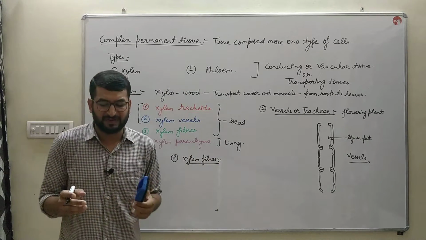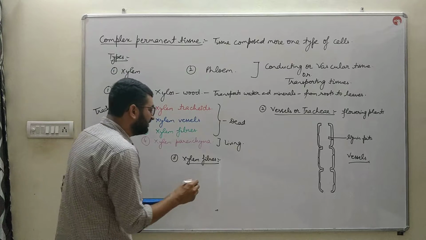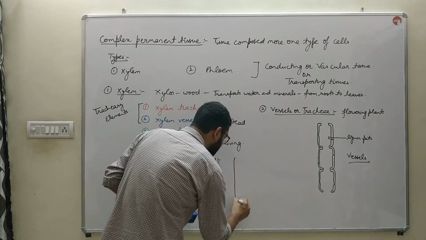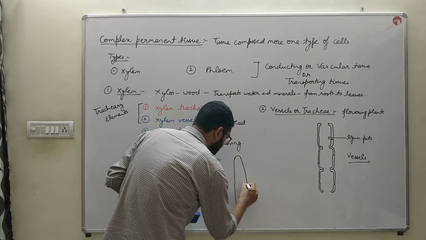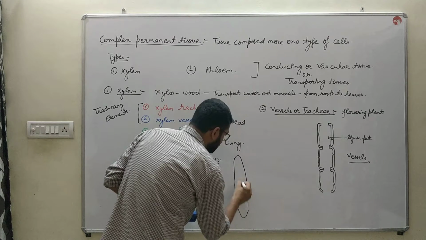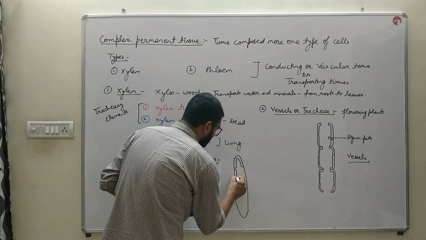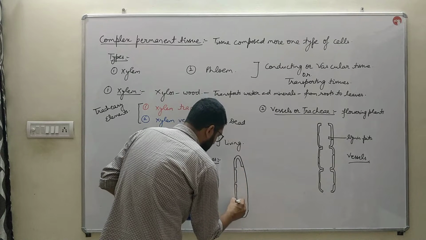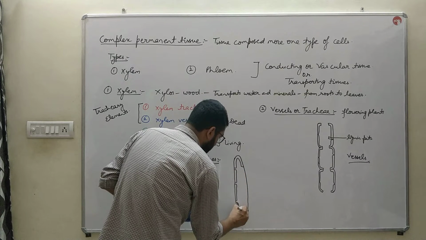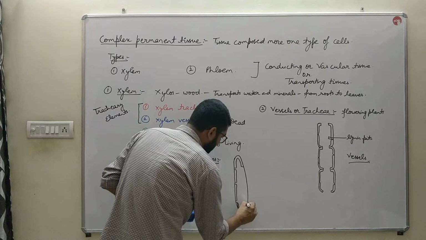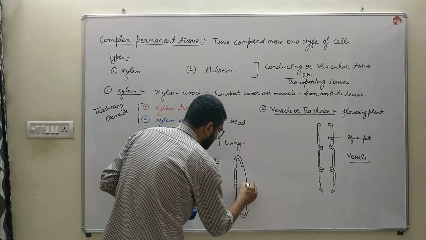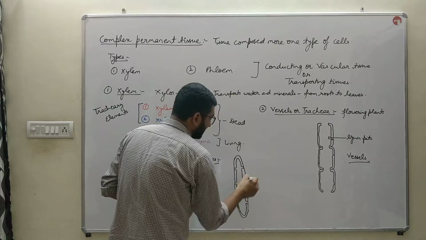Xylem fibers are fiber-like structures having tapering ends. They do not play any major role in transportation. They majorly provide strength. That is also a dead component, and these are lignin pits in between.